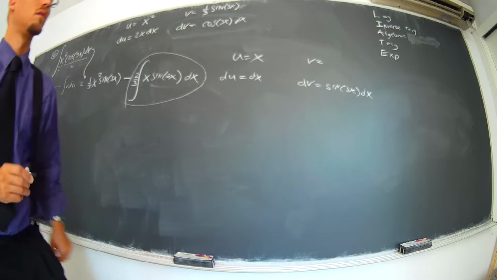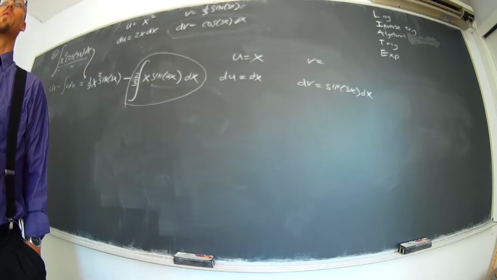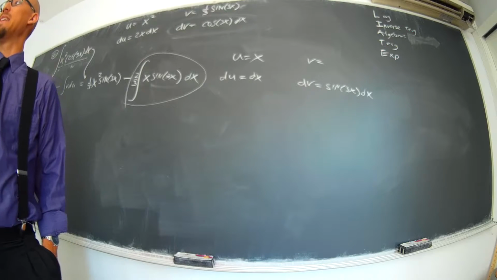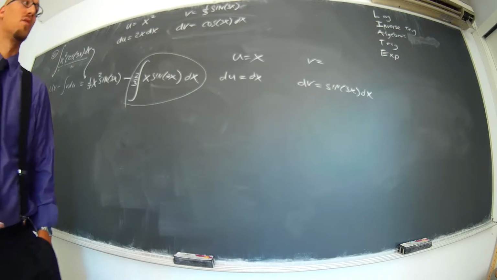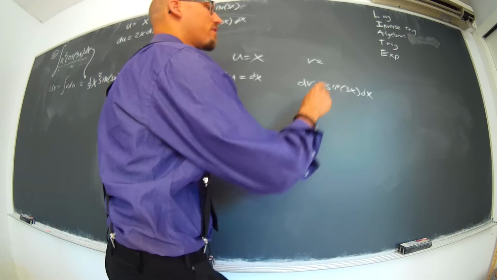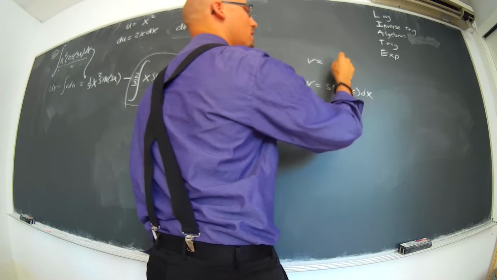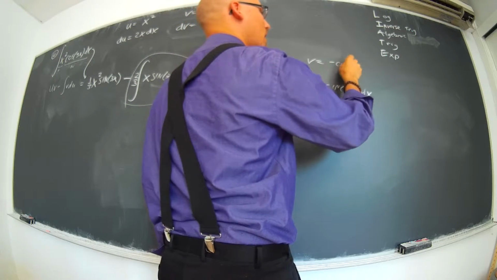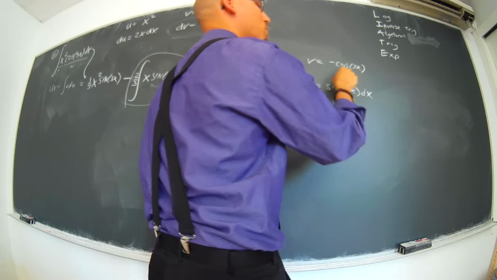The derivative of cosine is negative sine. So think about it: what if we took the derivative of negative cosine of 3x? What would we get?